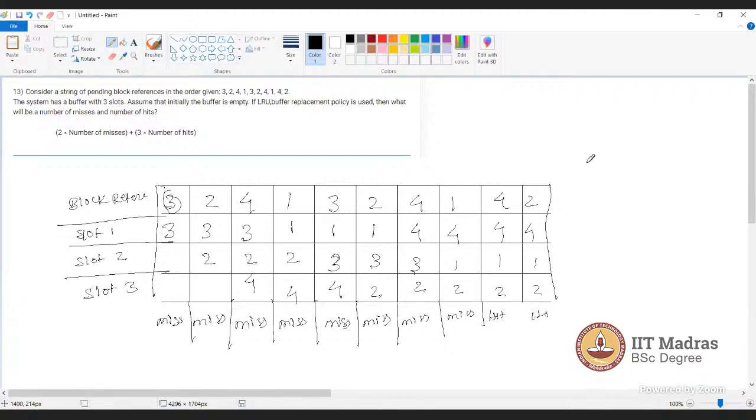So the number of misses: 1, 2, 3, 4, 5, 6, 7, 8. 8 misses, and the cost is 2 into the number of misses, so 16, plus 3 into 2, which is 6. So 16 plus 6, I think 22. Yes, sir.